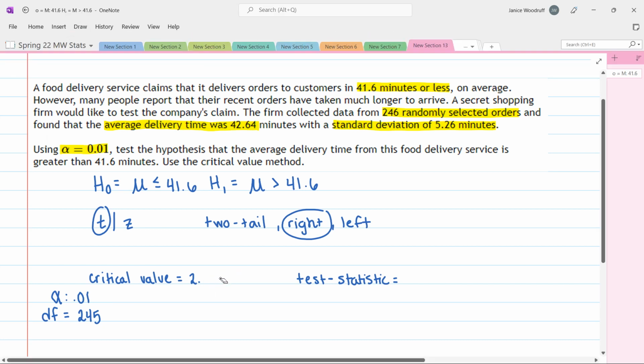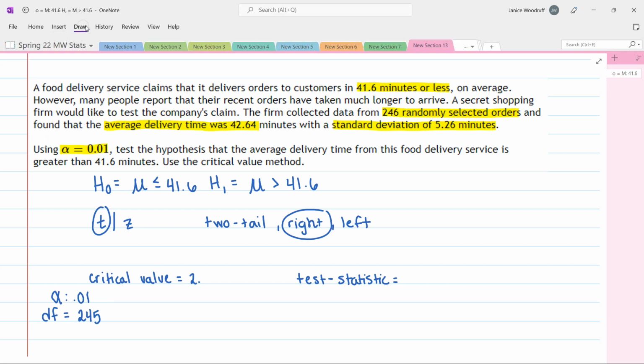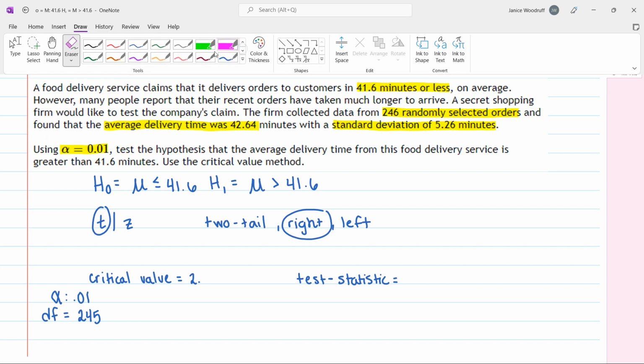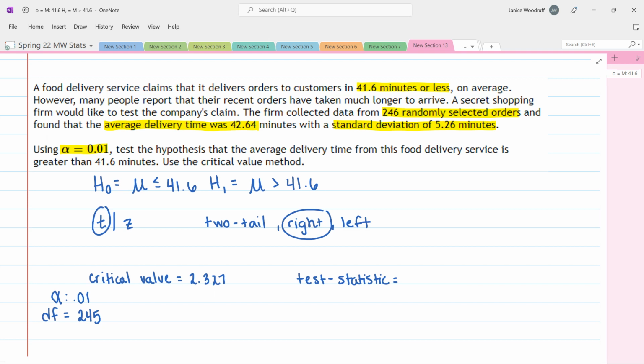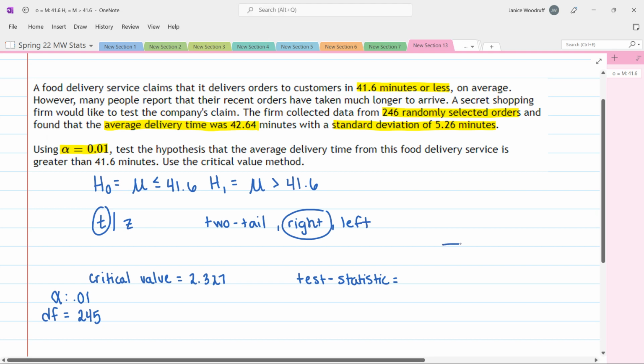So we're going to use 2.327. Okay, so that is going to be our critical value. So if I am drawing this, 2.327, that's going to be about right here.